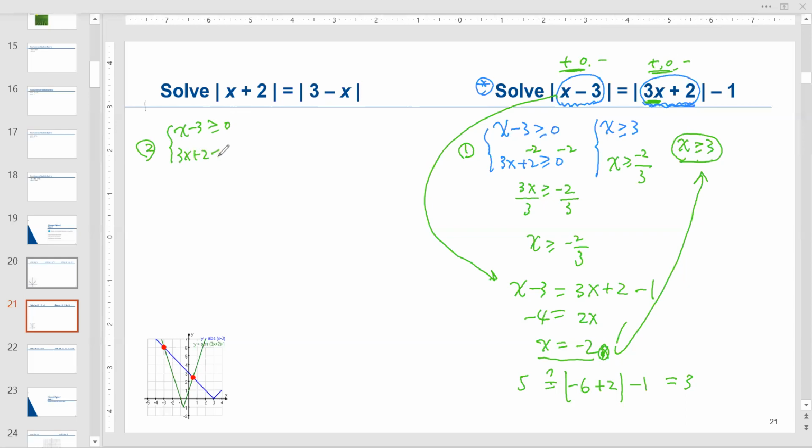So you can see here x is still greater than 3. And the right part is less than -3, right? You can do this process.